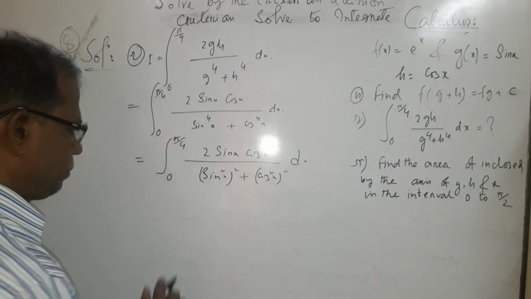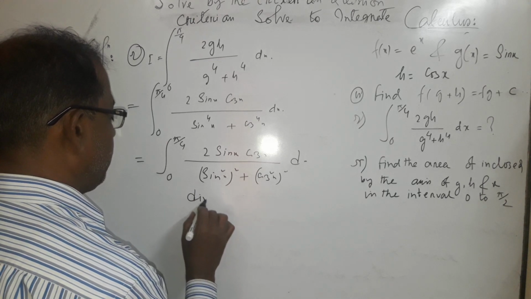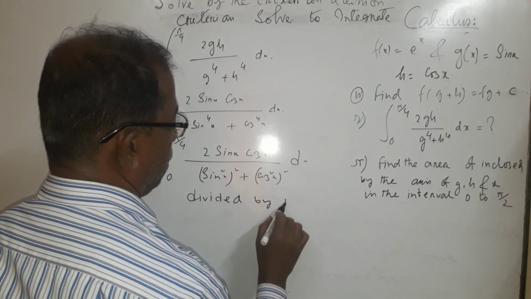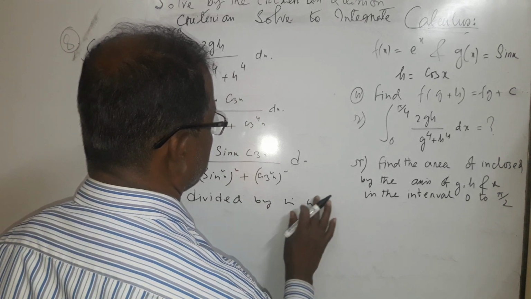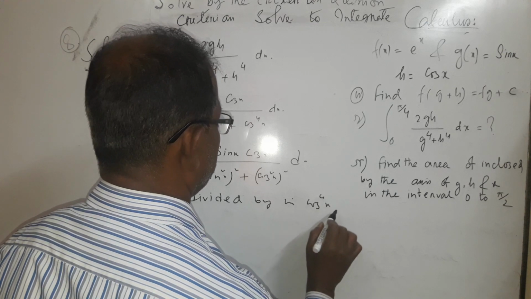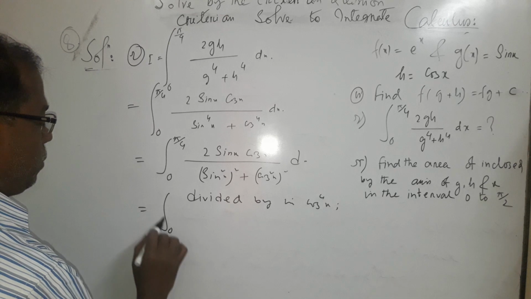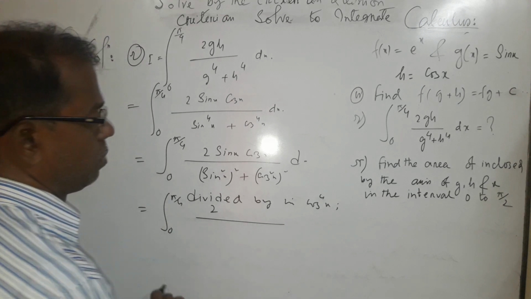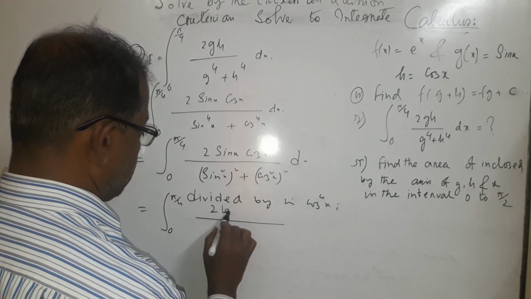So then, divided by cos square x cos 4x, then 0 to pi divided by 4, 2 cos 4x, that means tan 4x.